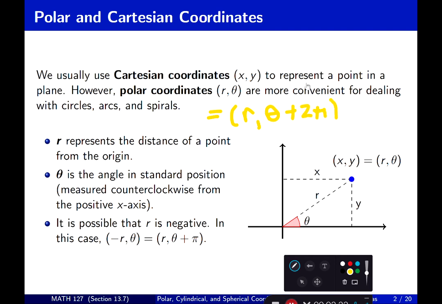So it's not a unique representation, but for the purpose of calculus 3, after this section is over, we always assume theta is between 0 and 2 pi, and we assume r is positive.